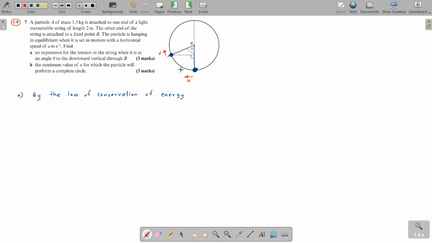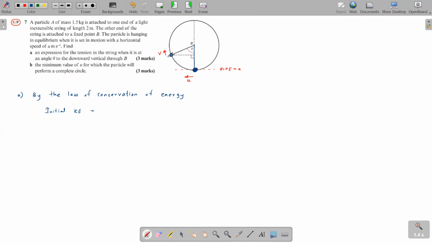If I consider the initial energy, I'll set the lowest point as the GPE zero level. At the bottom point, we have kinetic energy, an initial KE, but no potential energy.